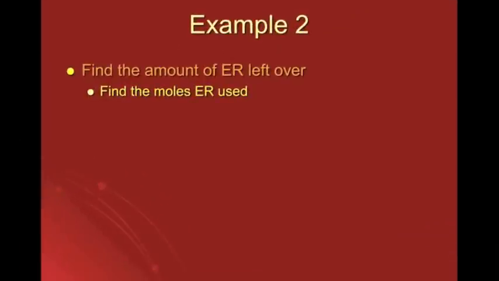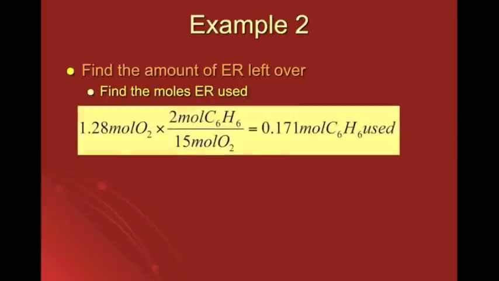We need to find out the amount of the excess reactant left over. To do that, first we have to find the moles of the excess reactant used. So what we do is we take the moles of O2, which is our limiting reactant, and we figure out how much of C6H6 is used.